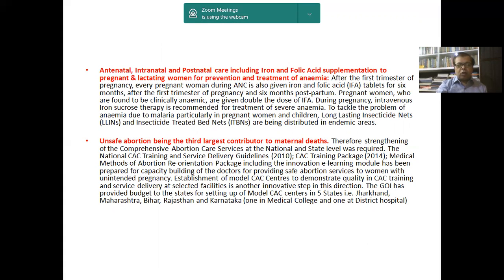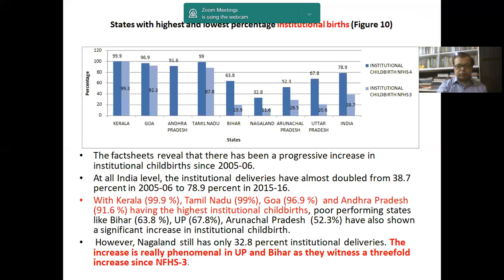And then unsafe abortion being the third largest contributor, I mean, some kind of provision to control and manage unsafe abortions. So all these goals, which are the targets of the MDGs, have been discussed here. Anybody who is interested in these details can refer to the India country report also.